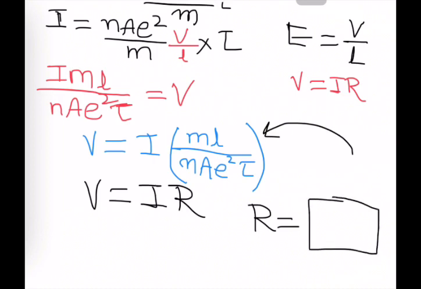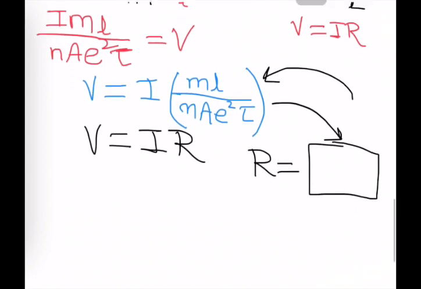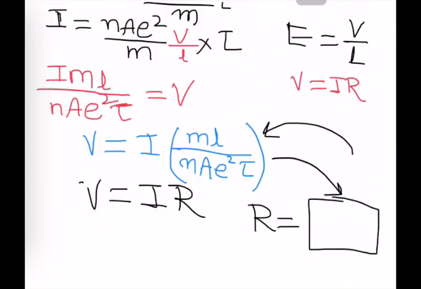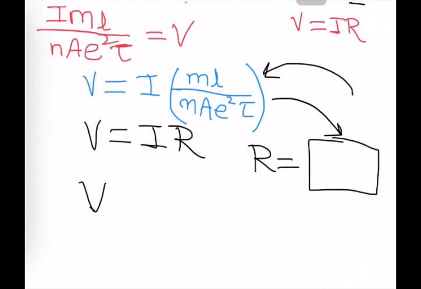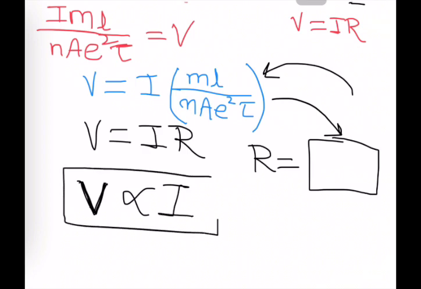So this is Ohm's law. According to Ohm's law, the potential difference across the resistor is directly proportional to the current passing through the wire. Hence we have derived the expression to prove Ohm's law.